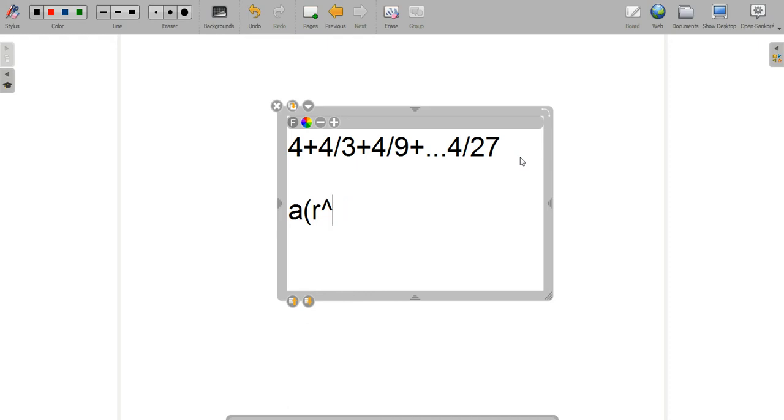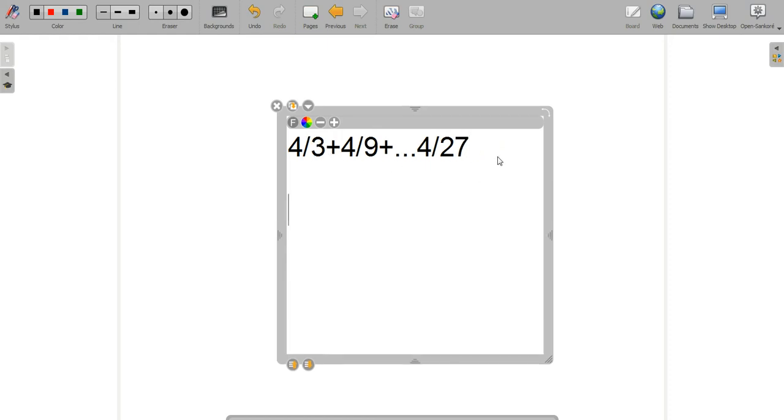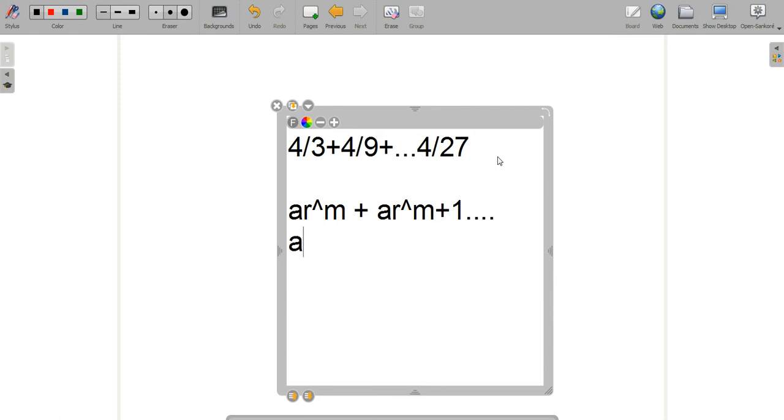You know what? Let's just start from 4 over 3. More general. The more general, the better. So you're starting with an a, in this case it's 4, multiplying times r raised to some m, some random number, and then a times r raised to that m plus 1, and so on until you reach a times r raised to the last number, which would be an m.